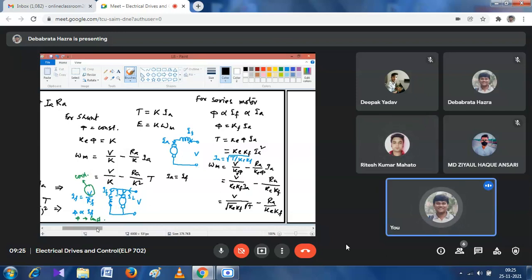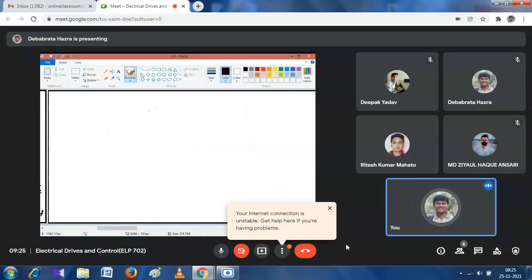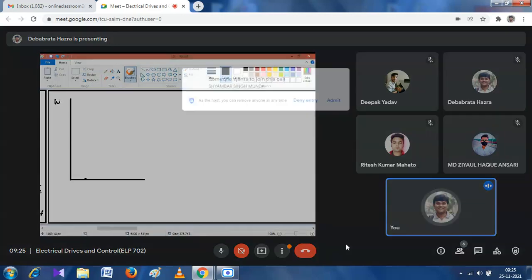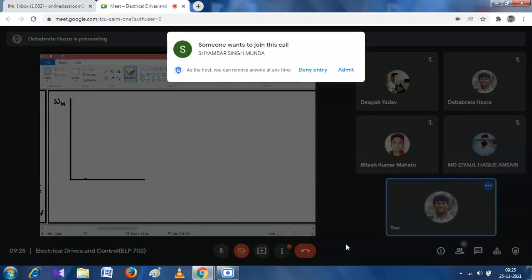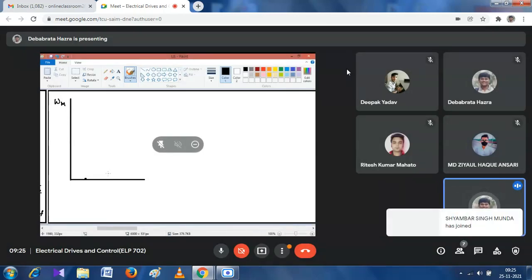So if we plot these characteristics, suppose this is omega n and this is T, that means torque.